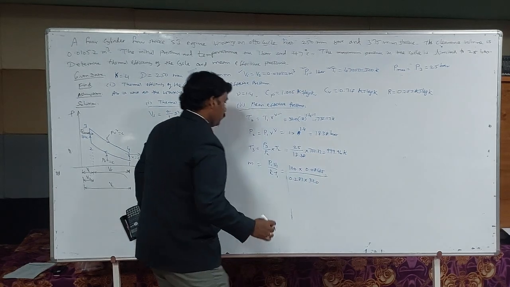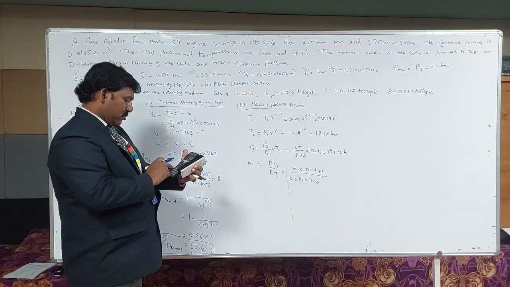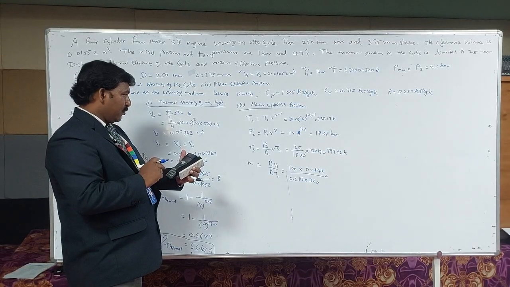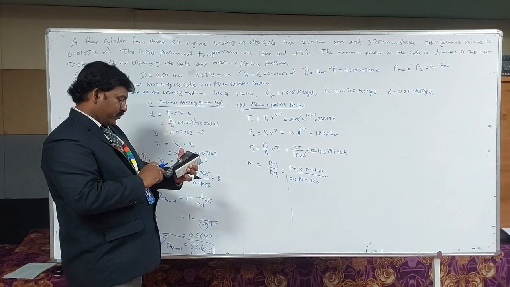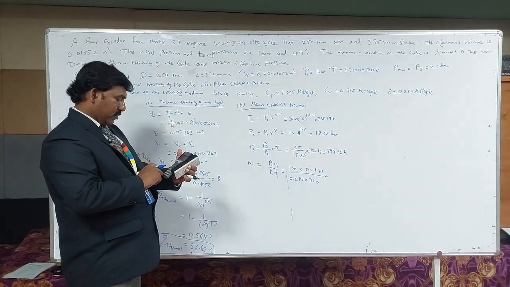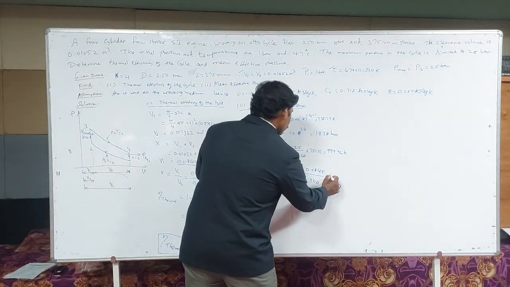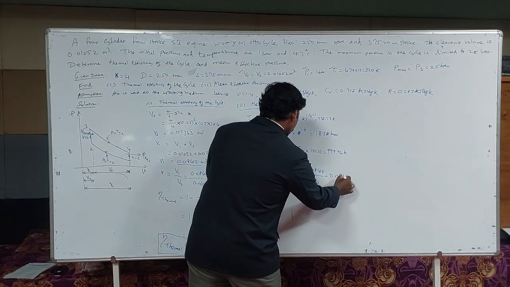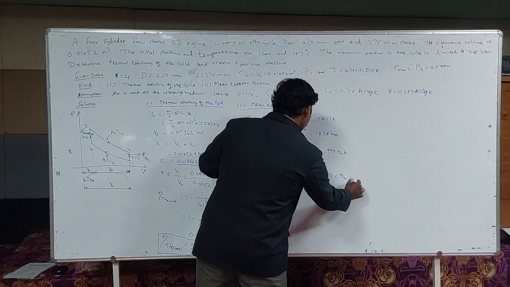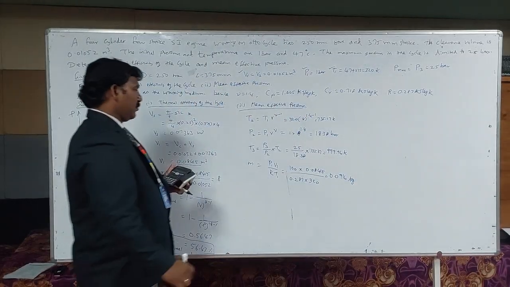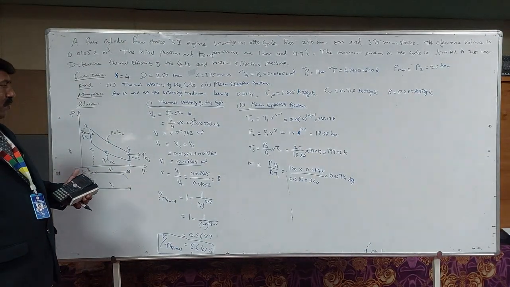Now if you calculate these values, 100 into 0.08415 divided by 0.287 and divided by 320, you get 0.0916 kilogram of air. So 0.0916 kilogram of air is the mass.